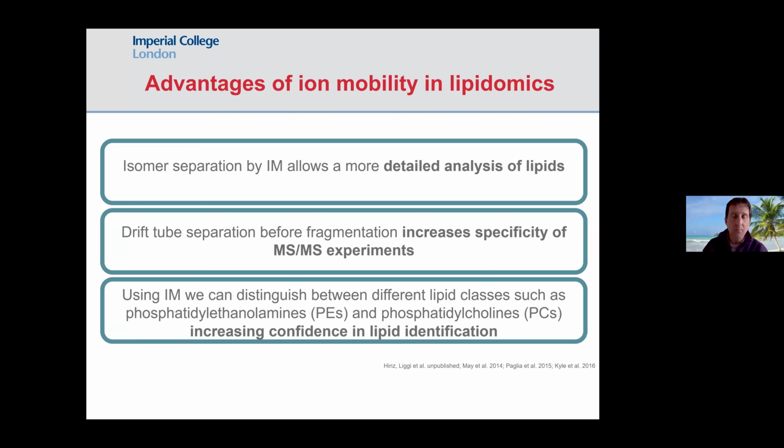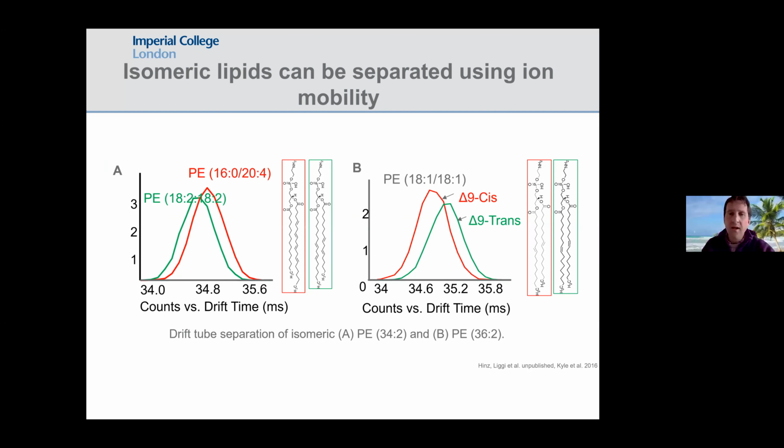And I've pretty much said the final point here, but it's all about increasing confidence in lipid identification. So from personal experience, where we're at is that we haven't got the killer app in terms of some of those isomer separations, but it is helping us do a better job in terms of lipid identification. Probably easy to show you some examples of these.